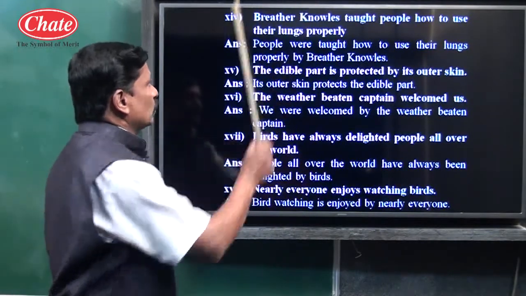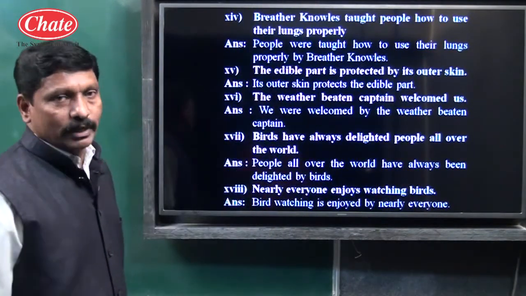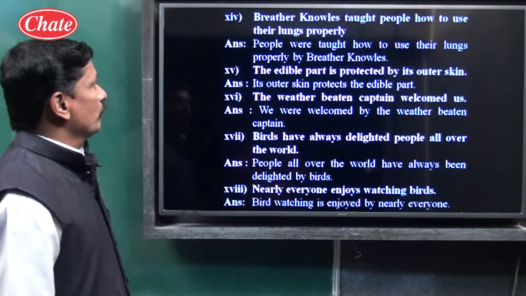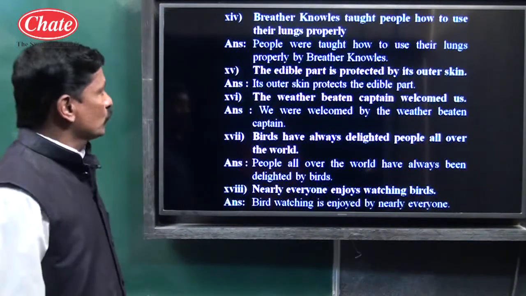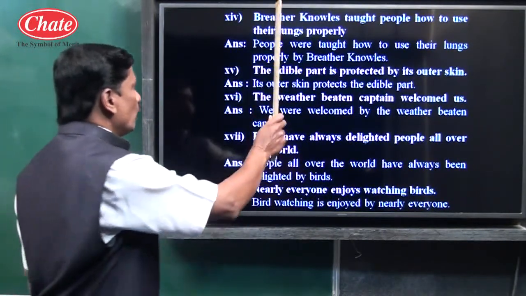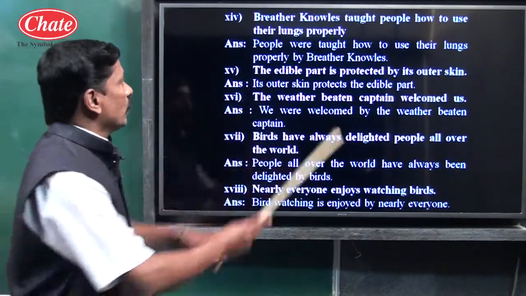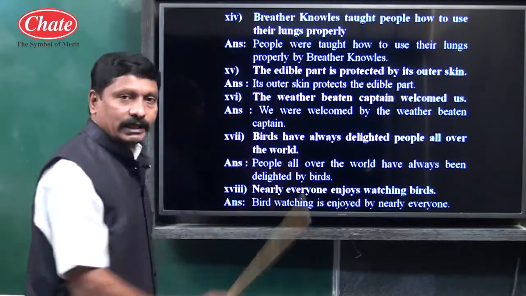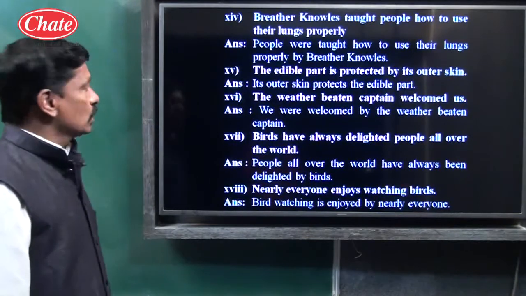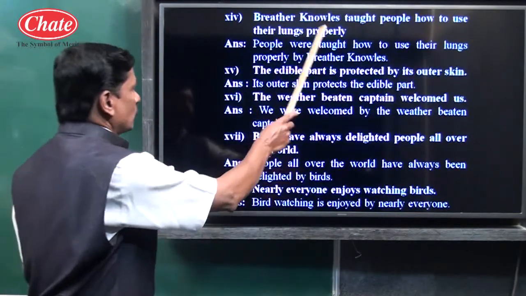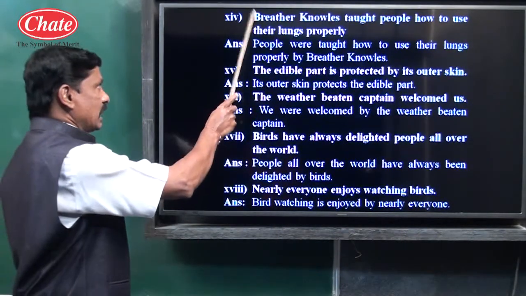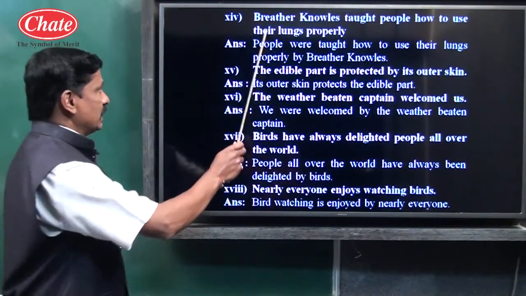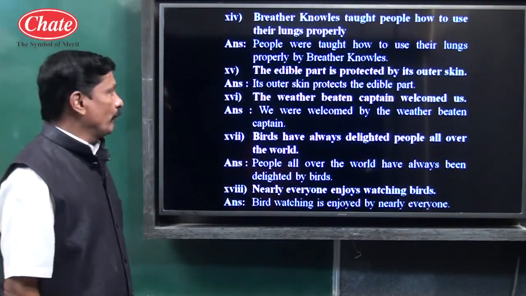Whom did Breather Noels teach? People. So people is an object. So see children, people were taught. Why has were been used? Because given sentence is in simple past tense. So people were taught how to use their lungs properly by Breather Noels. So example is in active voice, its conversion is in passive voice.